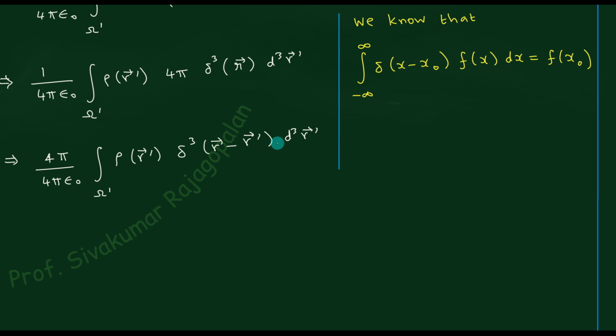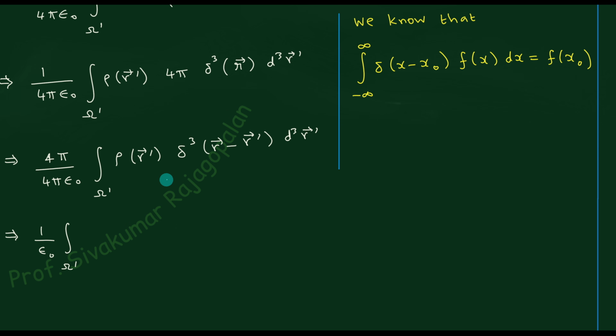Now we have to use that result in order to simplify this. There are only small differences there. So let us therefore change the order. We can cancel the 4 pi. Then we get a 1 over epsilon 0, and then we have an integral over primed coordinates.